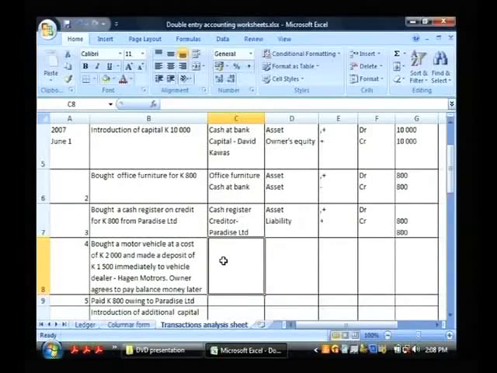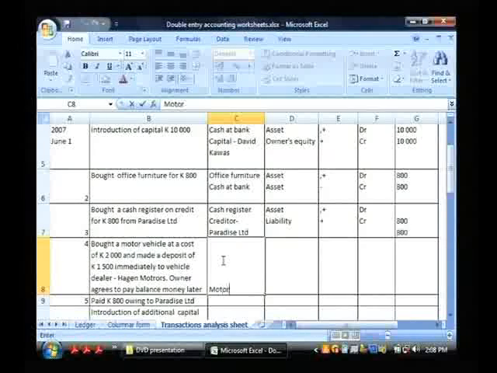Therefore, you purchase a motor vehicle, so motor vehicle account is to be created in the books. So we say motor vehicle, and then we have a creditor because we purchase a motor vehicle from Hagen Motors, but the full amount has not been paid. Therefore, the amount payable is 500 kina.